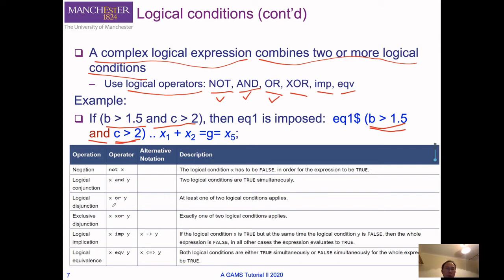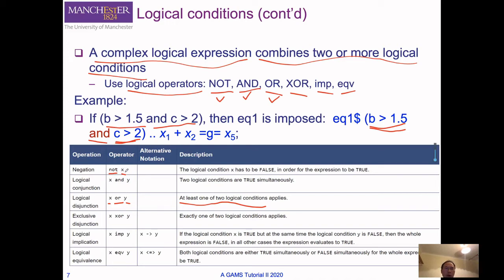If we use the logical operator OR to connect X logical condition and Y logical condition, if at least one of these two logical conditions is true, then the entire logical condition is true. We can also use NOT operator. For instance, NOT X. If X is true, then NOT X is false.